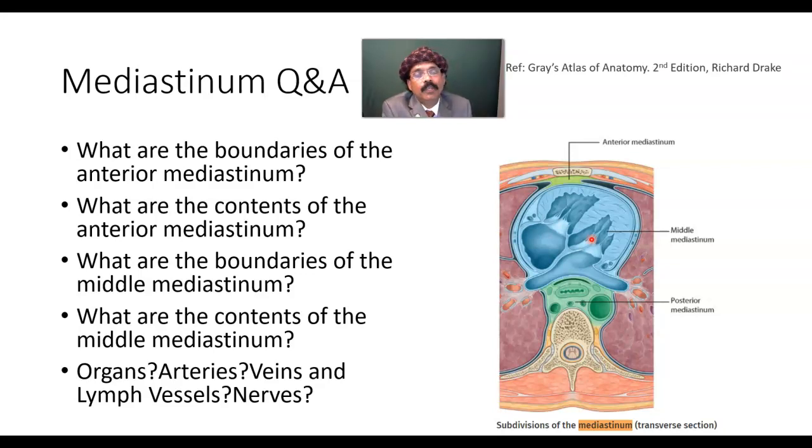How many pulmonary veins? We have 4 pulmonary veins, 2 on each side. Okay, we have pulmonary veins and pericardiacophrenic vein. What nerve is present in the middle mediastinum? That is the phrenic nerve. Okay, we got the contents of the middle mediastinum.